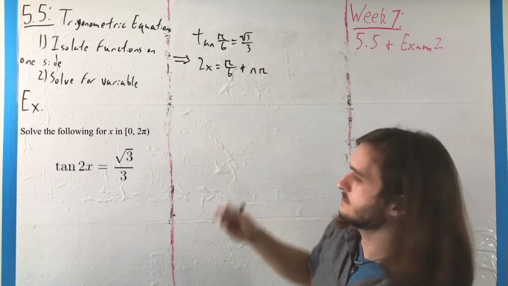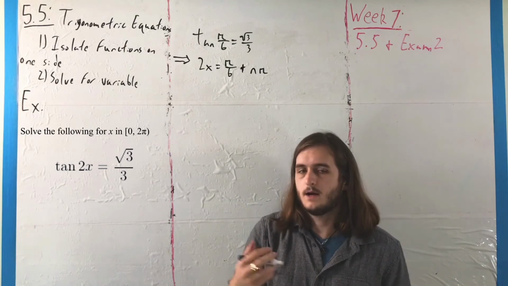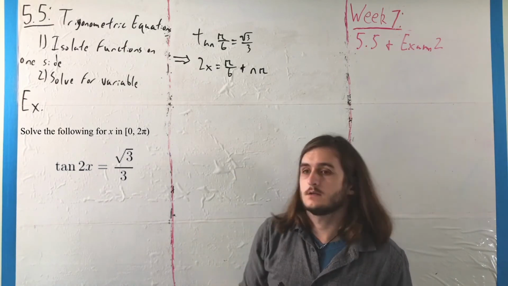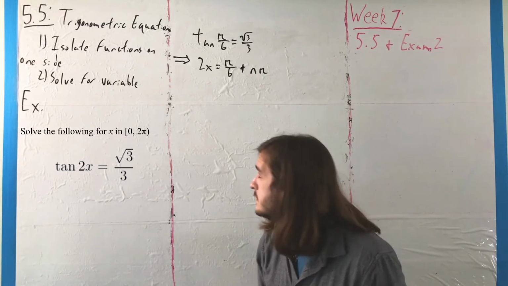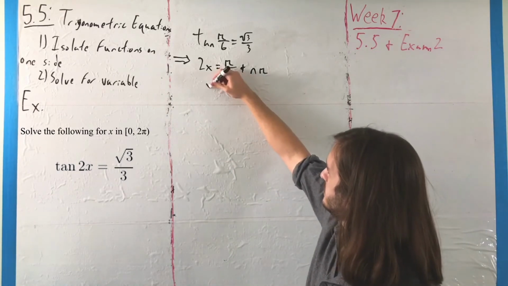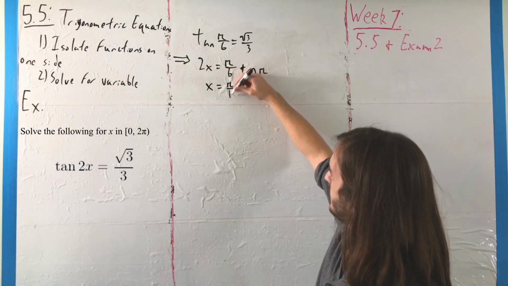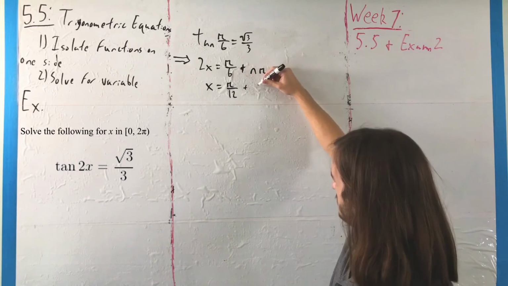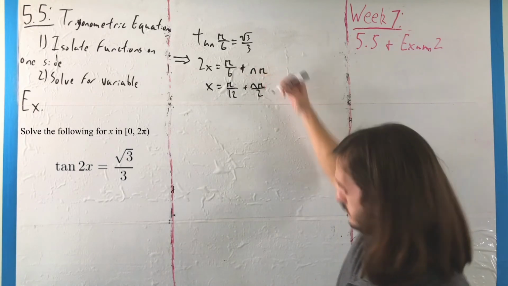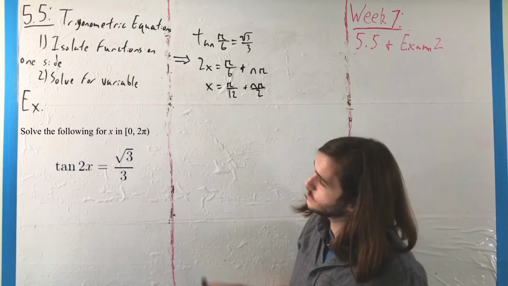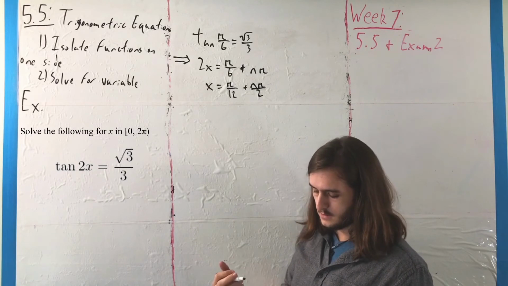That is, this occurs at every n pi, every multiple of pi that is an integer, because the period of tangent is pi. Or in other words, x is equal to pi over 12 plus n pi over 2.